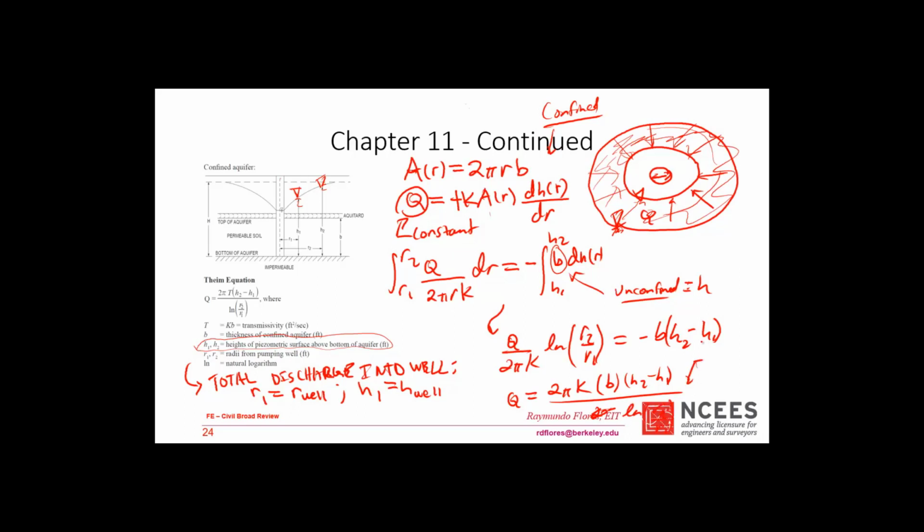So as you can see here, this is kind of complicated, right? So what we would like to do is make it kind of easy. We're going to define something called the transmissivity, and that is equal to K times B. So this ends up being Q equals 2 pi T times H2 minus H1 divided by ln of R2 over R1.